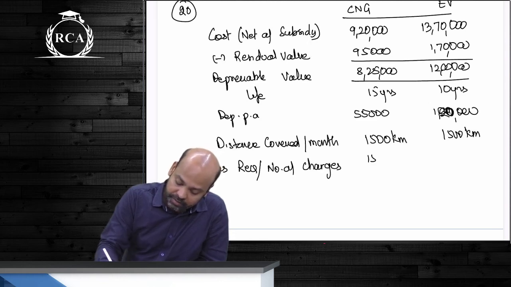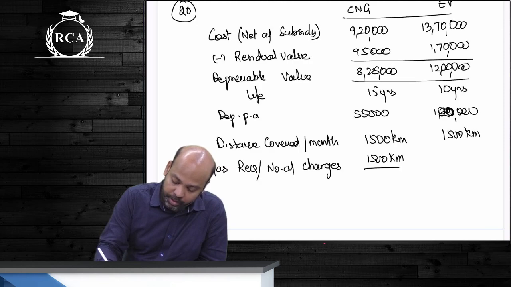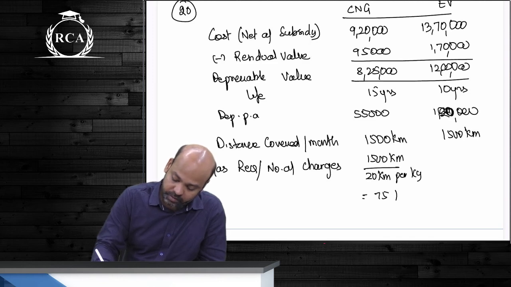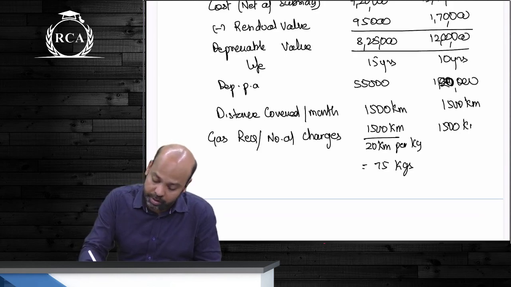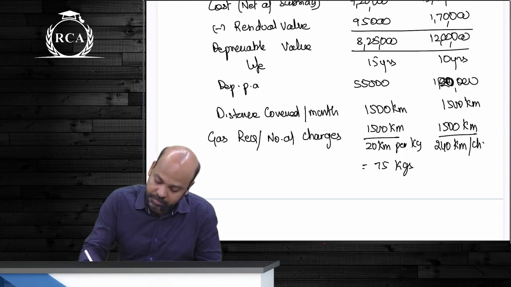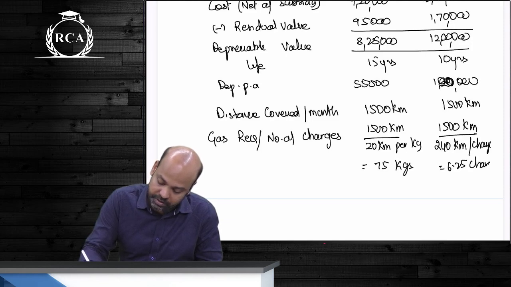For gas, I'll divide 1,500 kilometers by how much kilometer per kg? 20 kilometers per kg. So I will need how many kgs? 75 kgs of gas. Here I'll write 1,500 kilometers per how many kilometers per charge? 240 kilometers per charge. So how many charges? 6.25 charges.